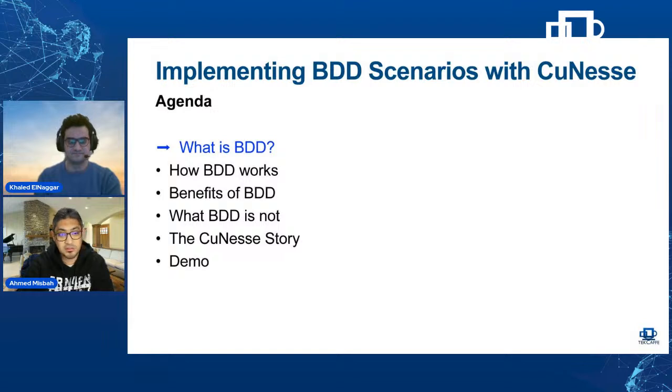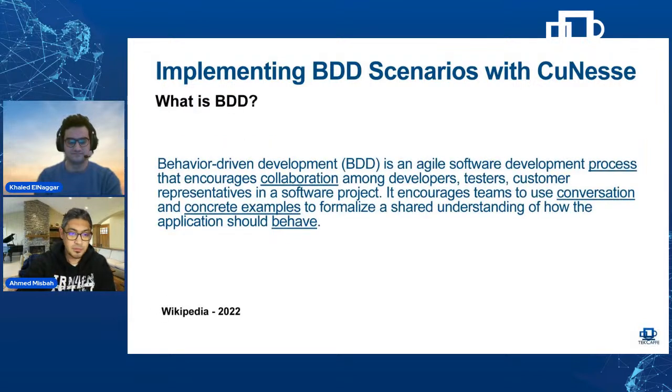So let's start first with an introduction. What is BDD? I got this definition of Wikipedia in 2022, and I think it's a really good definition. So BDD is an agile software development process that encourages collaboration between developers, testers, and customer representatives in a software project.